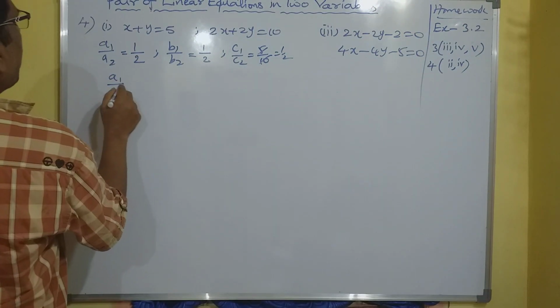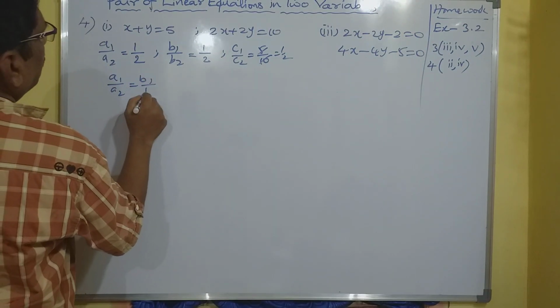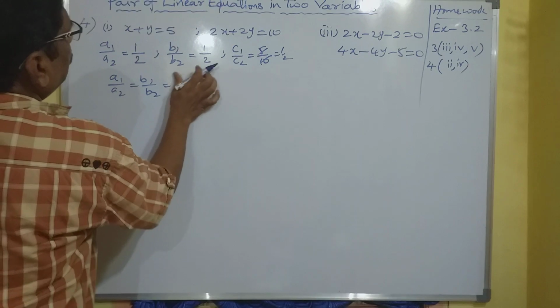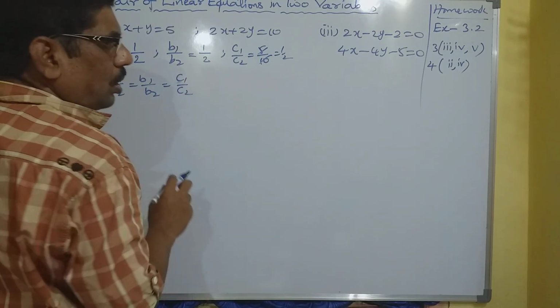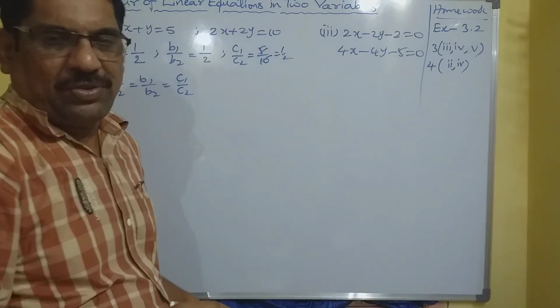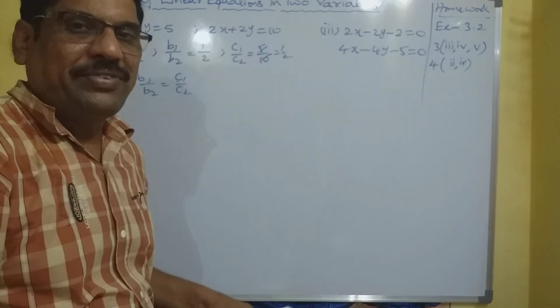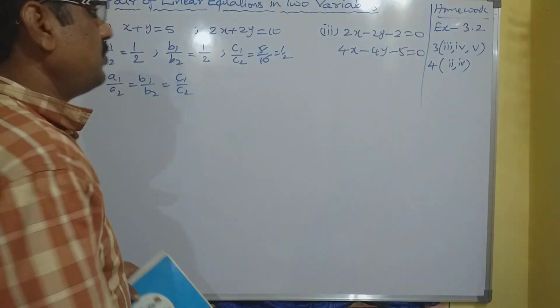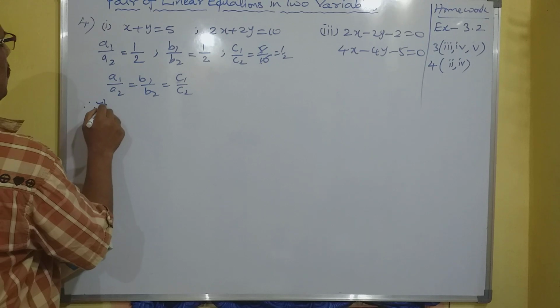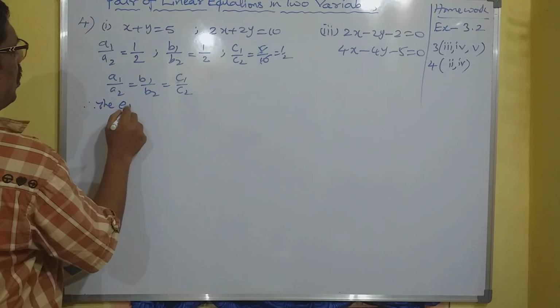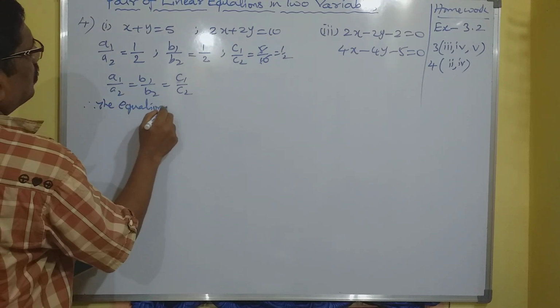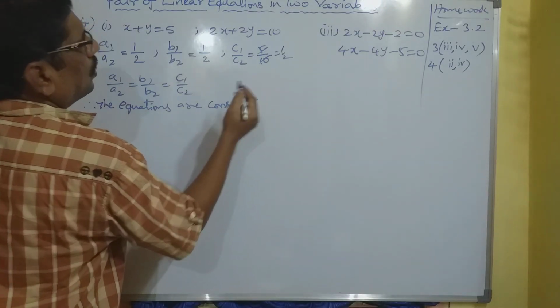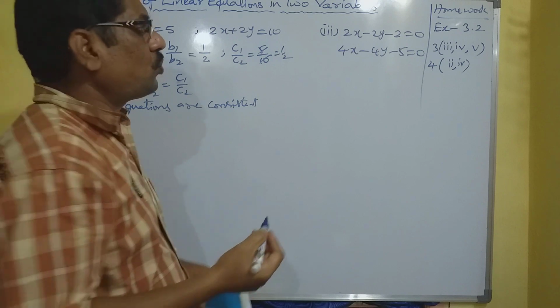Here you look at this, a1 by a2, b1 by b2 and c1 by c2 all are equal to each other. Means we get coincident lines. Means they are consistent equations. Therefore, the equations are consistent.